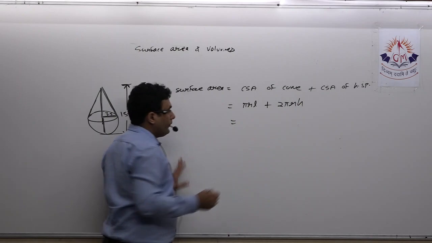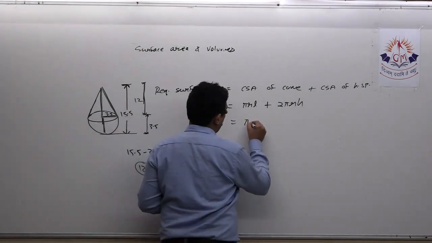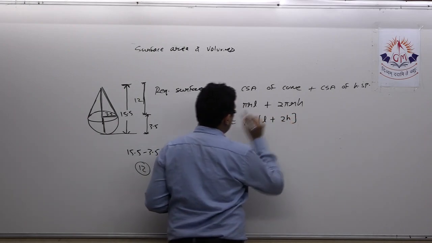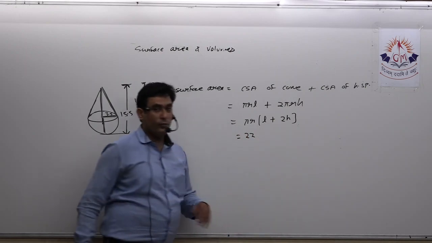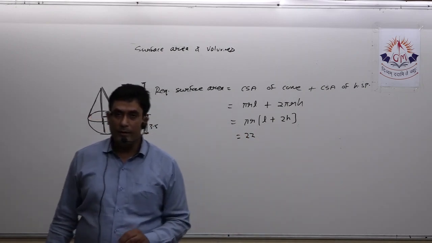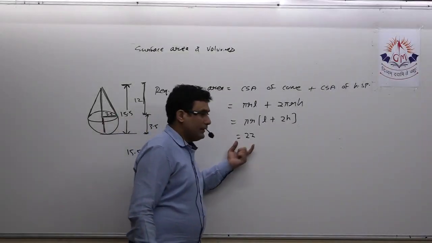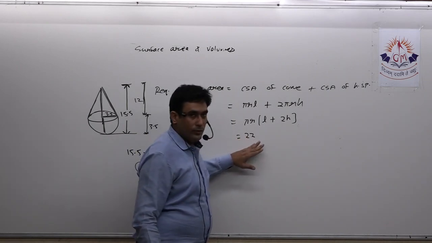Before you move on, you can take pi r common, which is advisable and makes your calculation a little easier. Pi is 22/7. Many of you get confused about what value to take for pi. So read the instructions before you start the question paper. In general, it is written at the top of the instructions that the value of pi is 22/7.